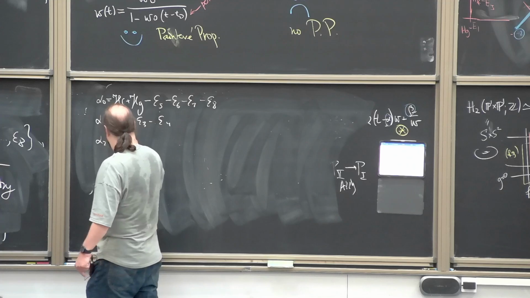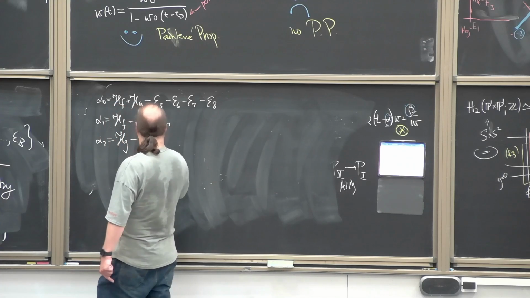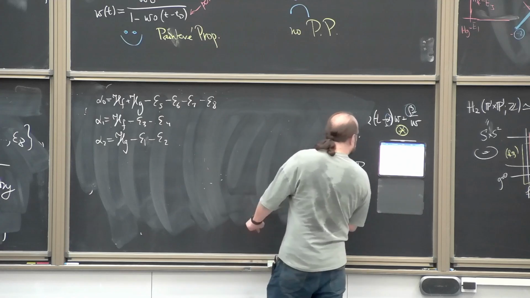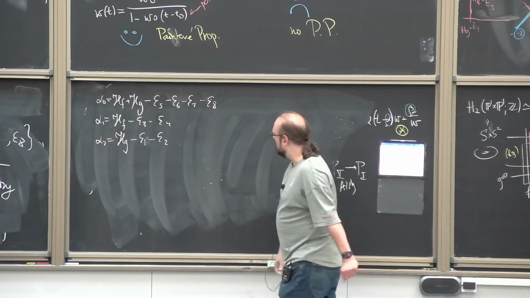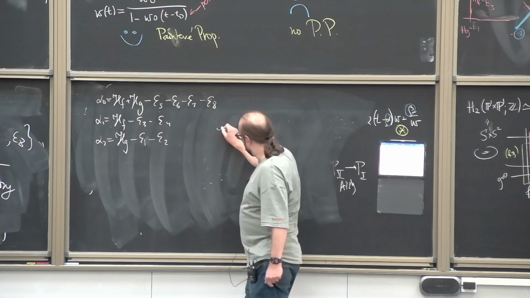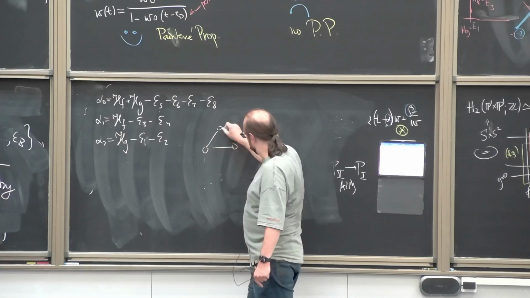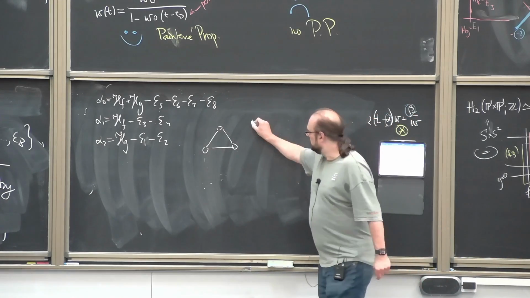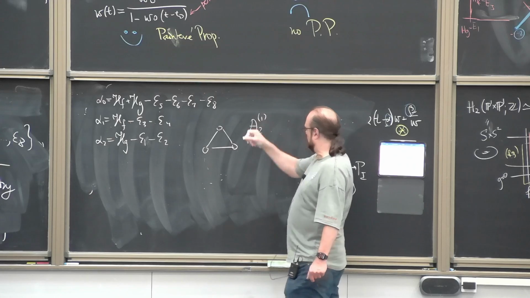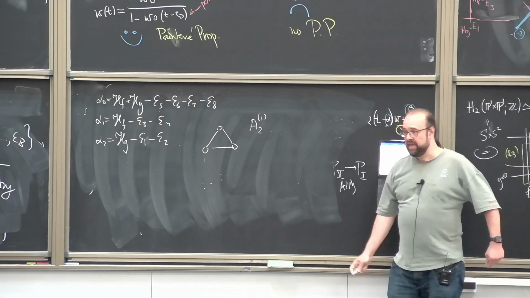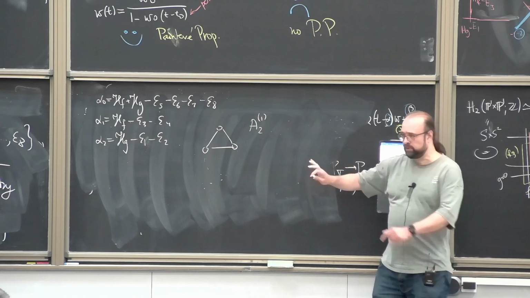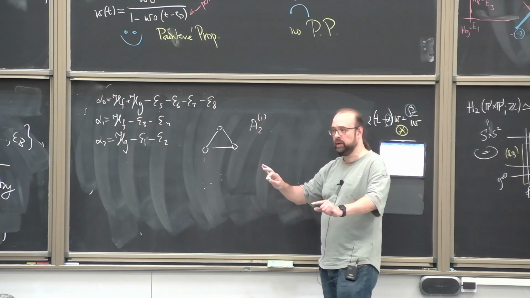Alpha 2 is HG minus E1 minus E2. Okay? They also form a Dynkin diagram. This time, this is a Dynkin diagram of type A2^(1). And this is your symmetry group. So you get the symmetry group by just doing very elementary geometry.